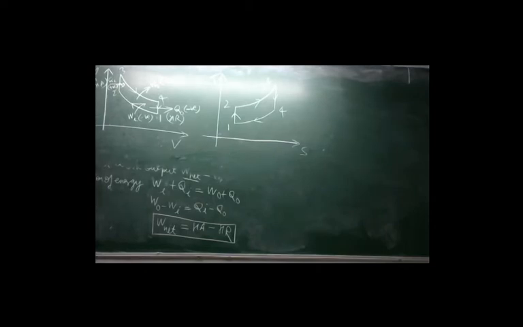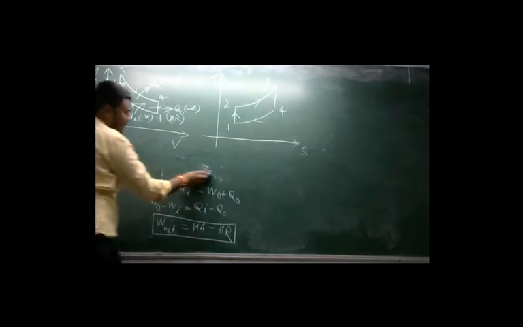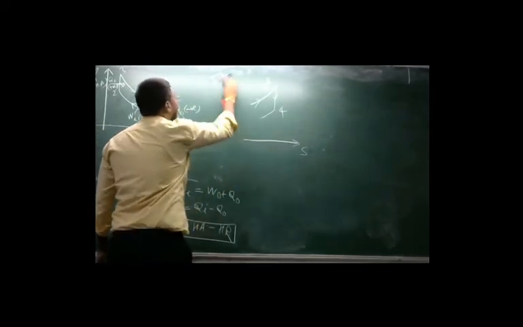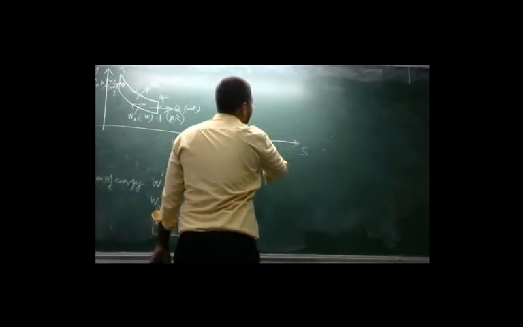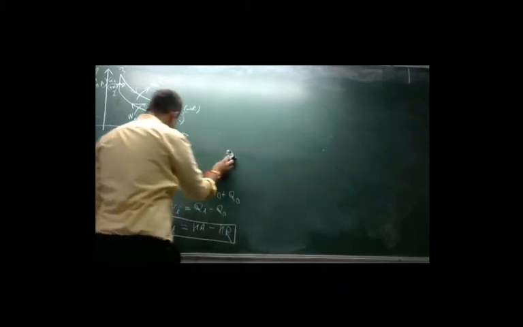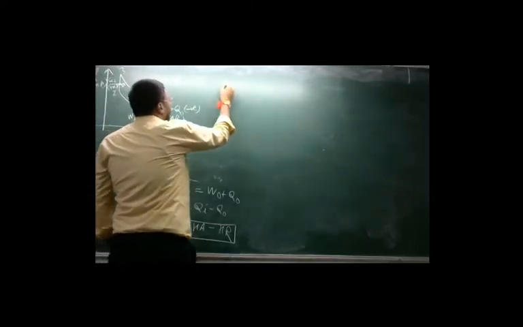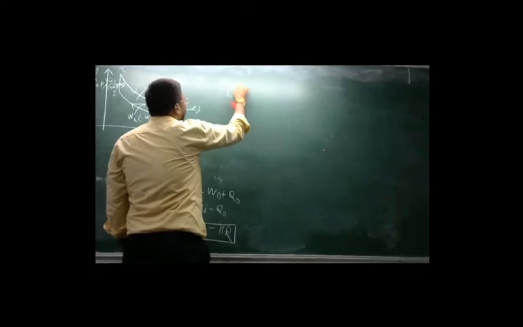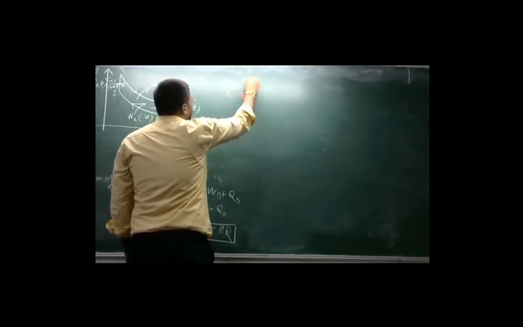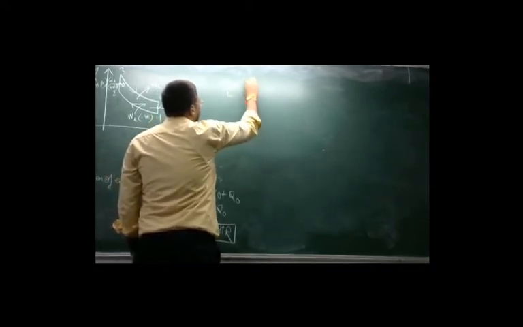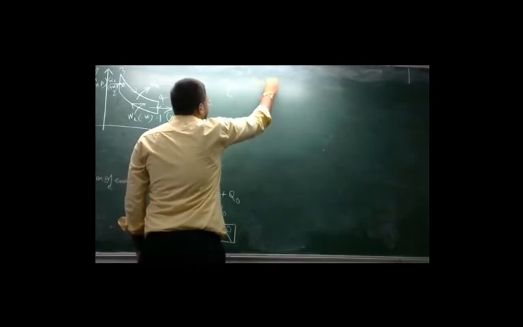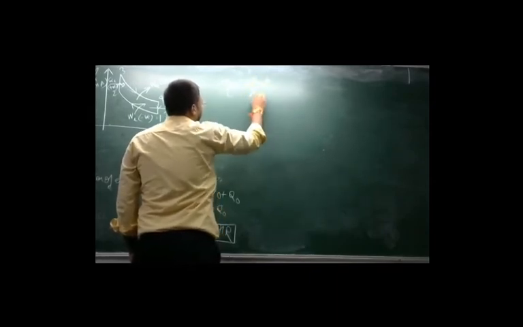Okay. So now if we see the formula for the efficiency, what is the basic formula for the efficiency? Efficiency eta should be equal to net work output, means W net, divided by heat input.